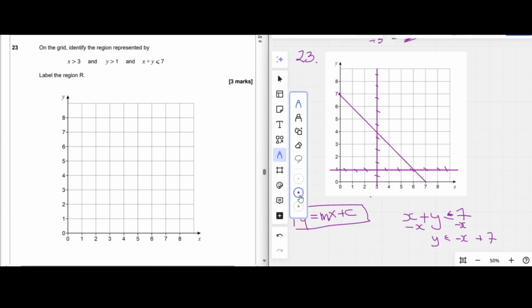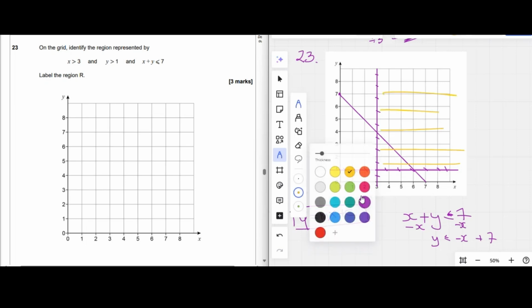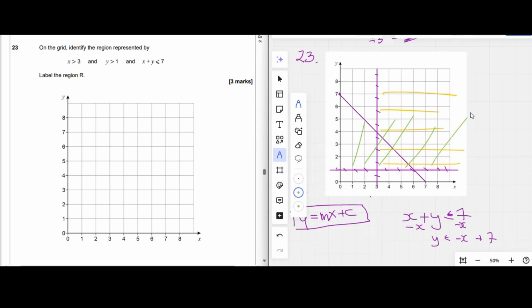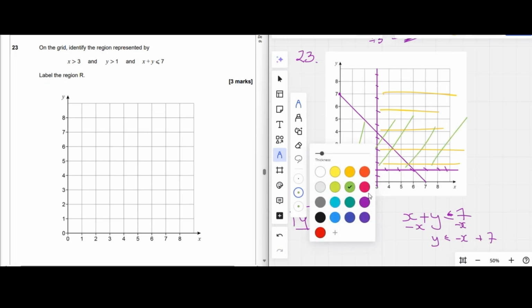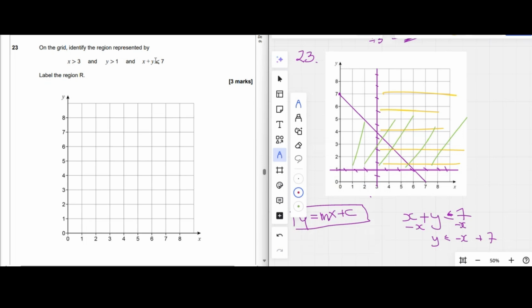And again, now let's put everything together. More than 3 is there. This is more than 3. Yes. More than 1 is there. And less or equal, this is there.